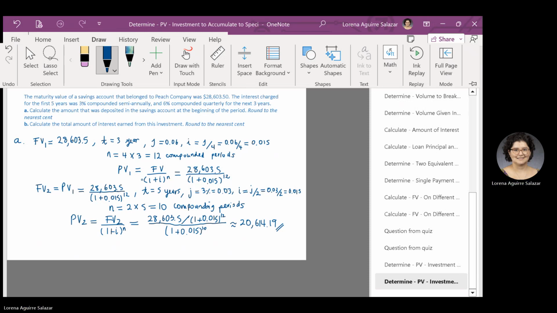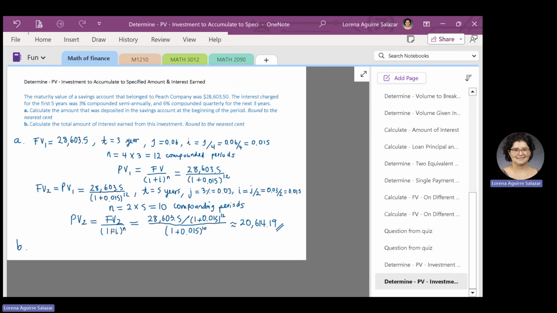Now for part B, we need to calculate the total amount of interest earned from this investment. Interest comes from subtracting the present value of the investment from the future value of the investment. The future value is $28,603.5. When we subtract the amount of money that was deposited in the account at the beginning of the period, about 20,614.19, we get 7,983.31 as the answer.